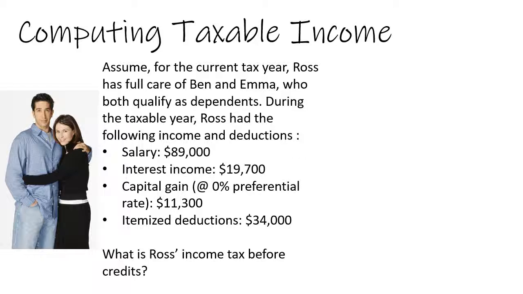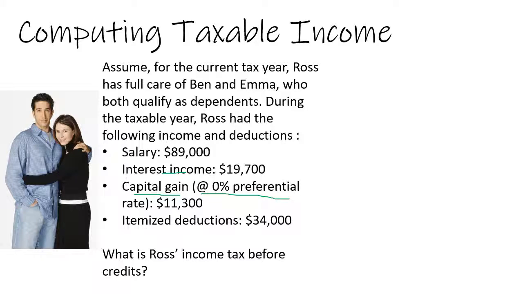The first thing we need to do is to determine how the tax code treats each of these items. We'll discuss interest income and capital gains in chapters 15 and 16, but for now, we know that capital gains are not taxable, so we can exclude them from our calculation altogether.